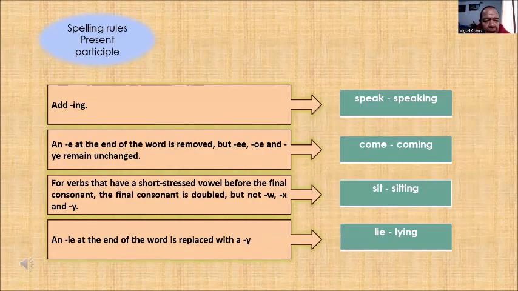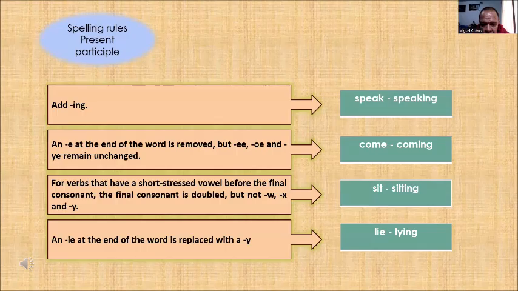The present participle, or ing form, is usually formed by adding ing to the infinitive of the verb. Speak, speaking. However, there are a few exceptions to the rule. An e at the end of the word is removed, but ee, oe, and ye remain unchanged.